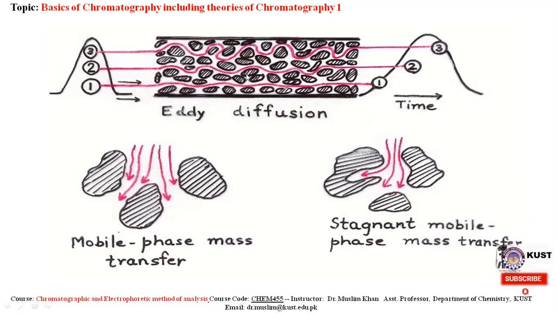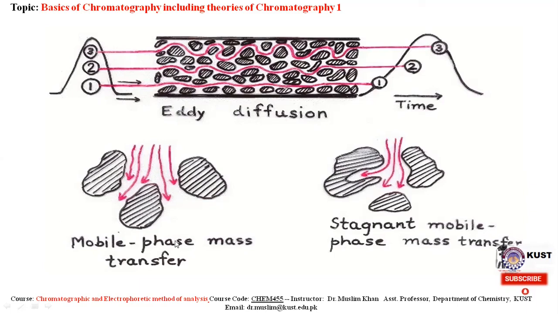So when those solute particles of your component come through this one, they will elute later because this is covering a much larger distance. And the third one is an even longer pathway. So this is eddy diffusion.